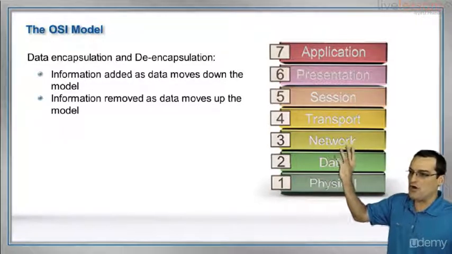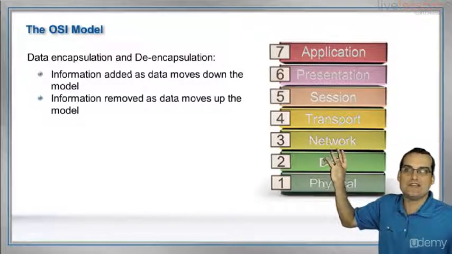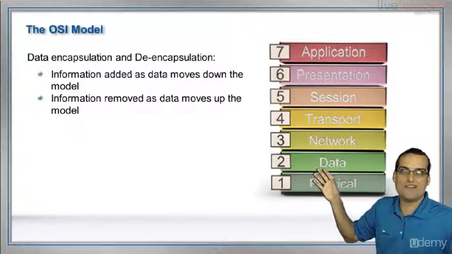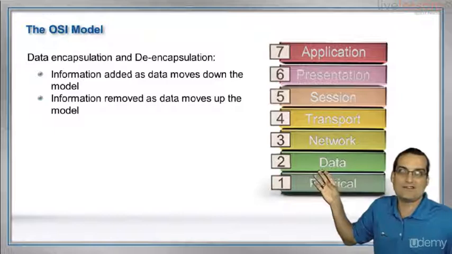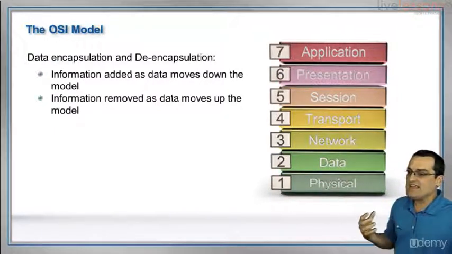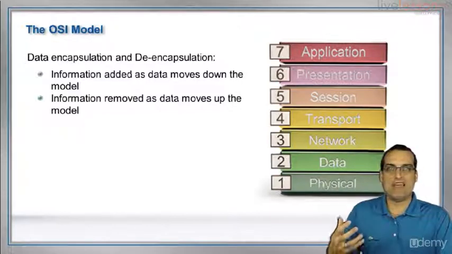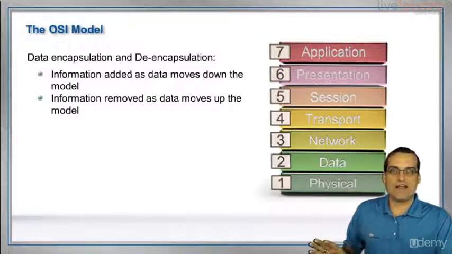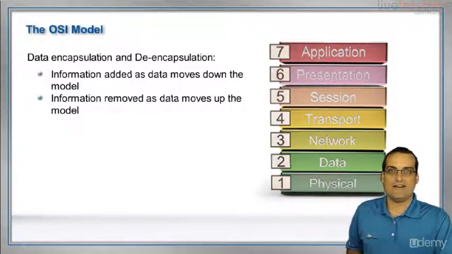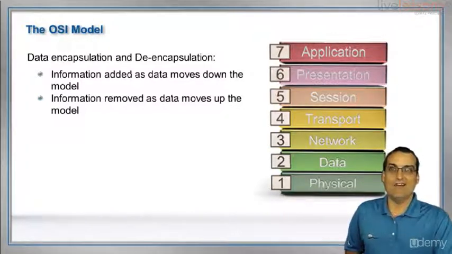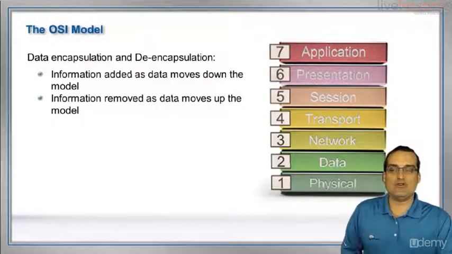In fact, we already know that IP addressing information would be added there. It hits the data link layer, more information is added. We know MAC address information on an Ethernet network would be added. So you can see that as the data makes its way down the OSI stack, information is added so that the network devices can transport that data. And this is called encapsulating the data. We are adding information to it.